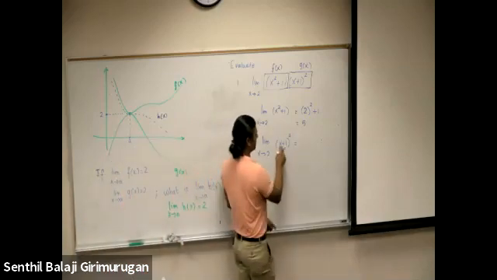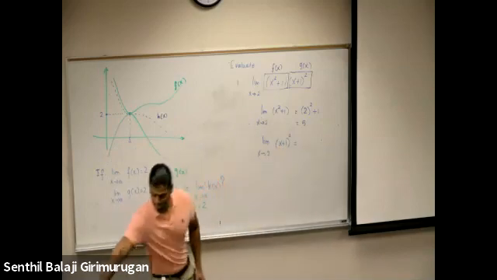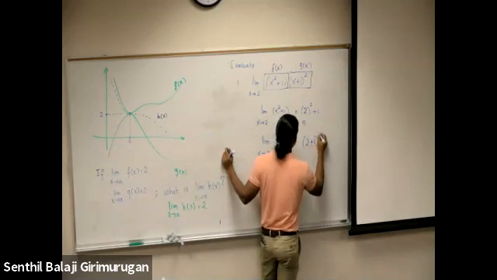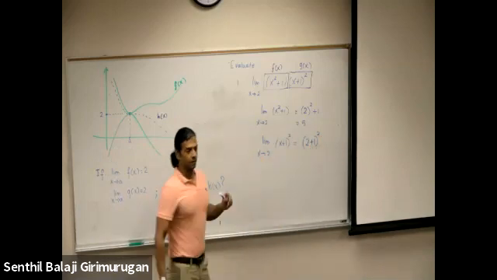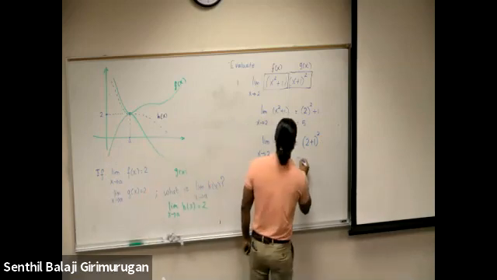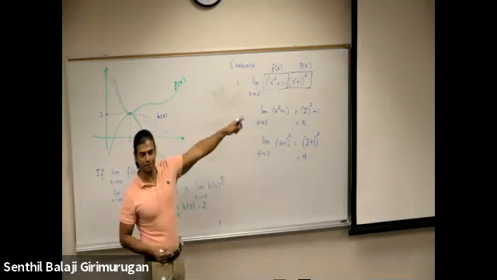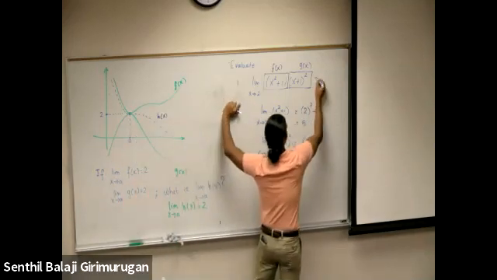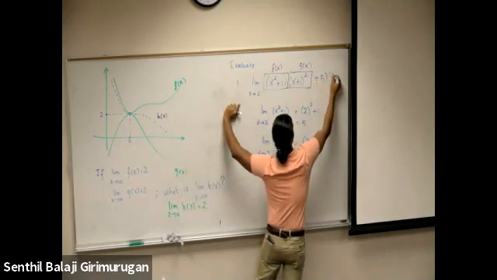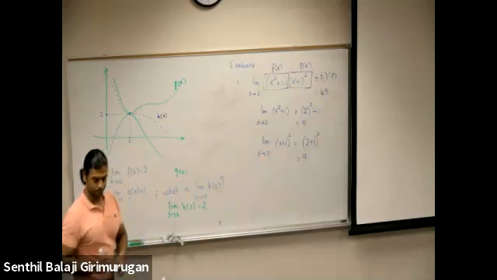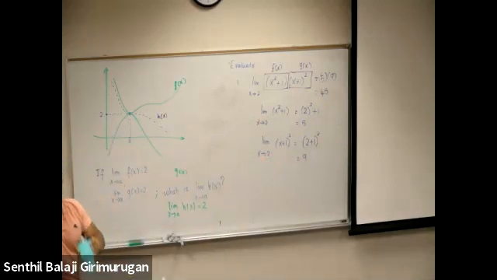So directly apply the limit to x, which would be 2 plus 1 squared, you get 9. We're not done yet, right? We've got to multiply them together. So 5 times 9, 45. Good. Easy, right?